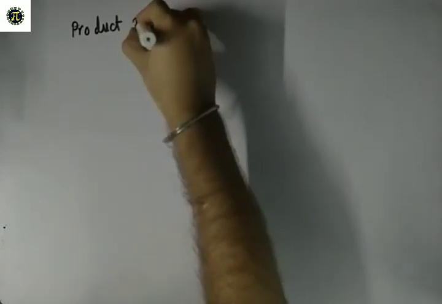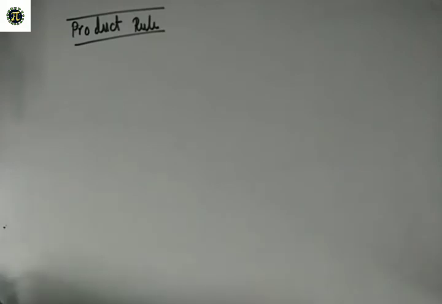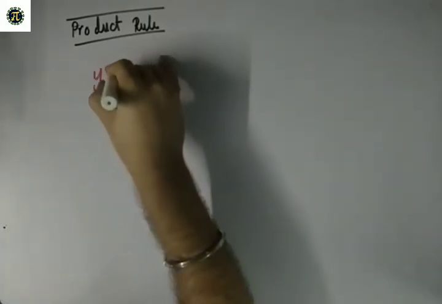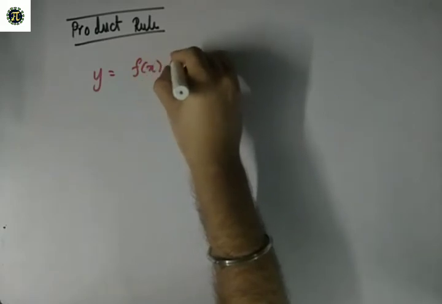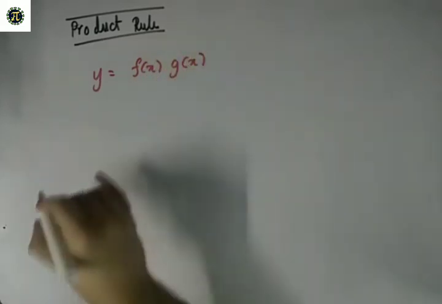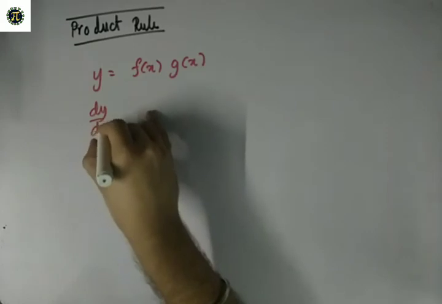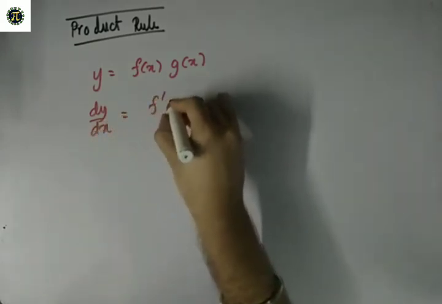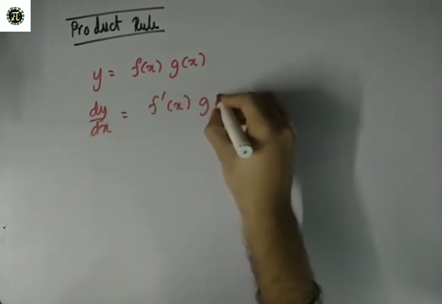Now the product rule. Since we want to extend our idea of differentiation, first of all, we will not be proving the rule, but we will be checking the rule, and we will be doing certain calculations with that. The rule says if you have a function y is equal to f(x) into g(x), that is multiplication of two functions, then dy by dx will be the differentiation of the first function, f dash x into g(x).